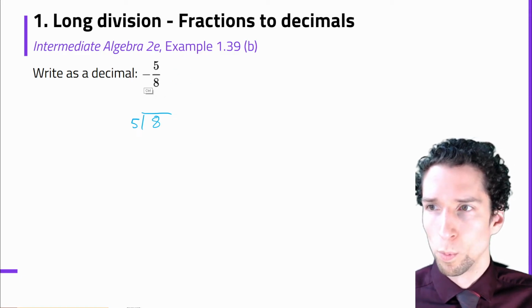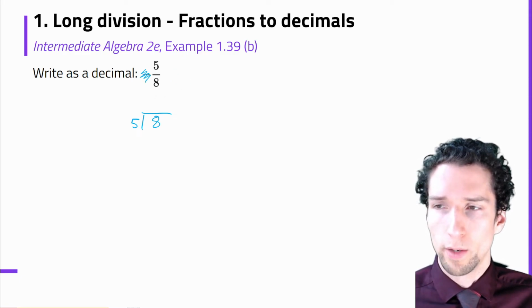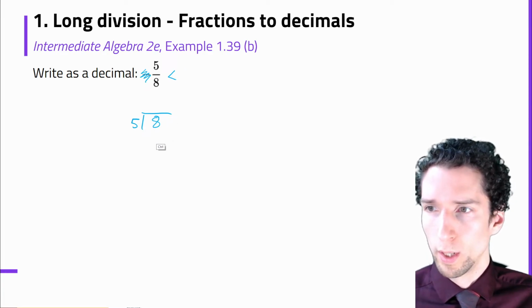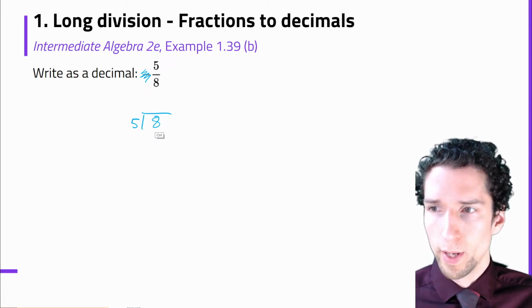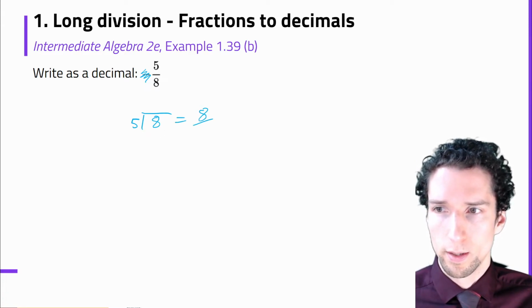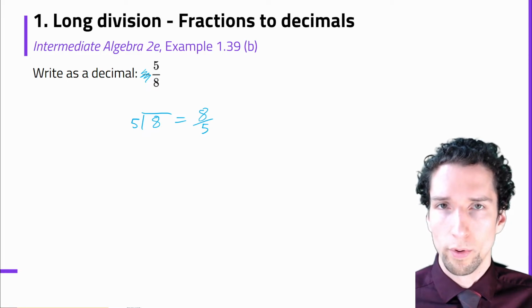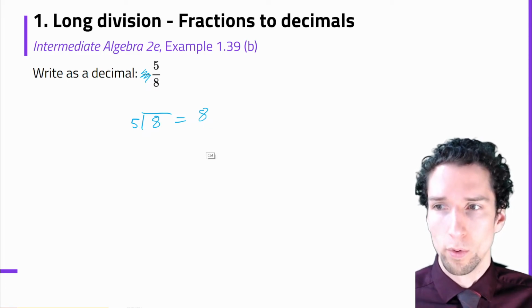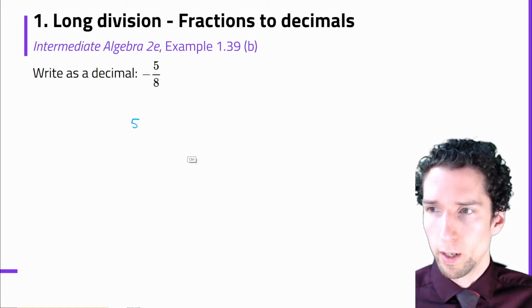If we did 8 divided by 5, well, that's the same as this, 8 over 5. But we want 5 over 8. So make sure you're writing your division here in the correct way. 8 is on the outside, 5 is on the inside here.